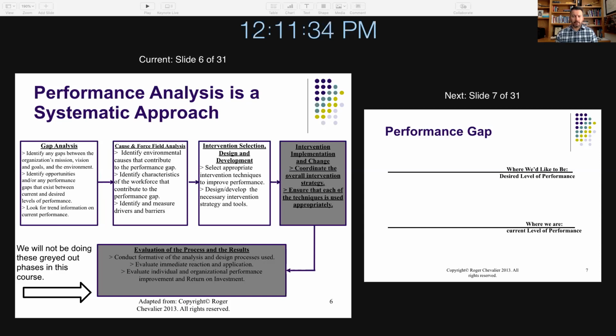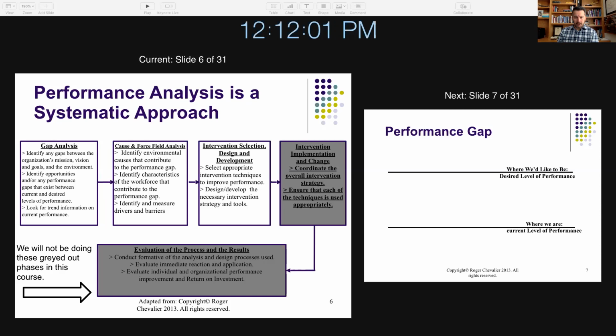And then after that, you would evaluate what you've done, and if needed, make adjustments, and then go back to the intervention selection and design and development phase. So there could very well be an arrow that goes up from the evaluation process right back up to the intervention selection, design, and development phase.